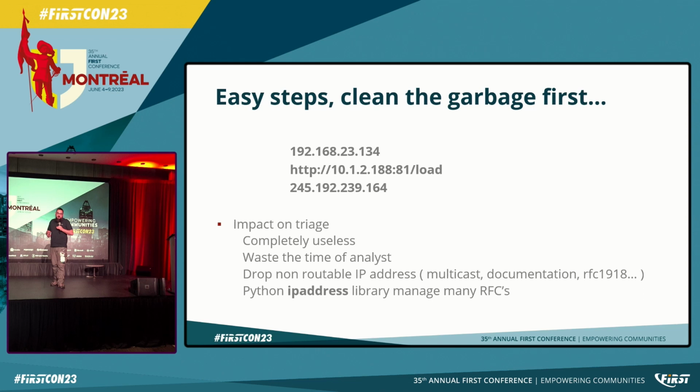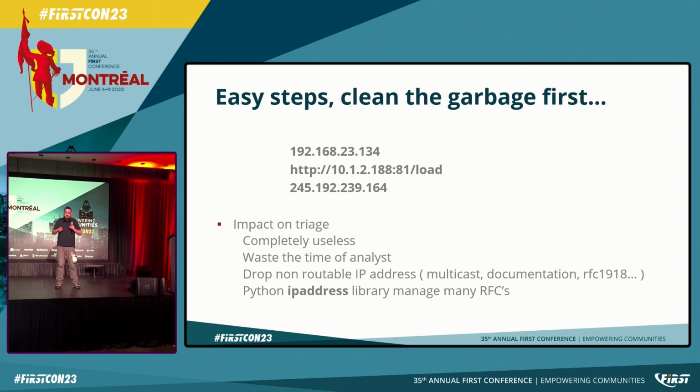Then you have also the easy steps, the local IPs, the documentation IPs, multicast IPs. It's useless. You will do nothing with that. Your local IPs are not an IOC for everybody. So again, remove all these IPs, try to clean this mess, and you have a Python library, ipaddress, which manages that.